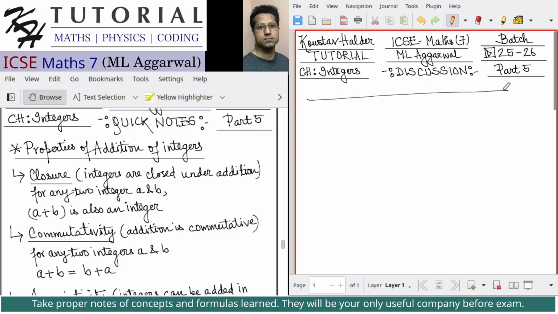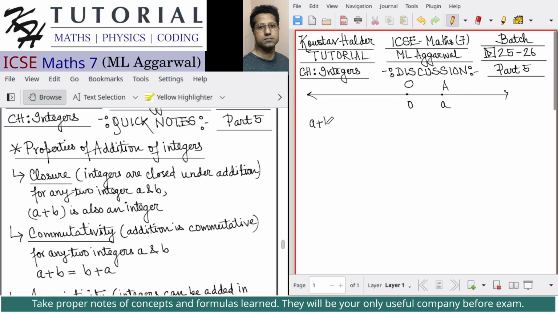So let's think about the number line. So this is the number line, O is the origin representing the integer 0. Let's say we have a, this point a is representing the integer a. Now what does a plus b mean?